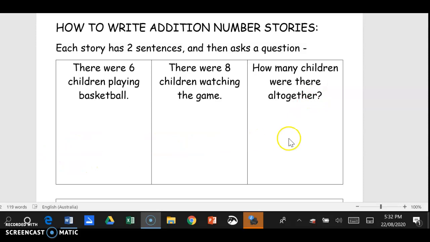Now I've left space in here for you to draw the 6 children playing basketball and the 8 children watching the game and how many altogether. Sometimes drawing pictures helps us to count, and that's okay. So that is the number story. It's also a problem because it's got a question at the end.